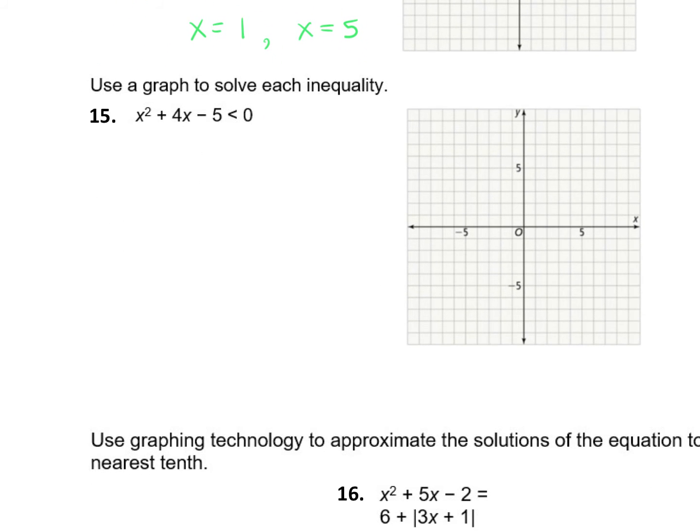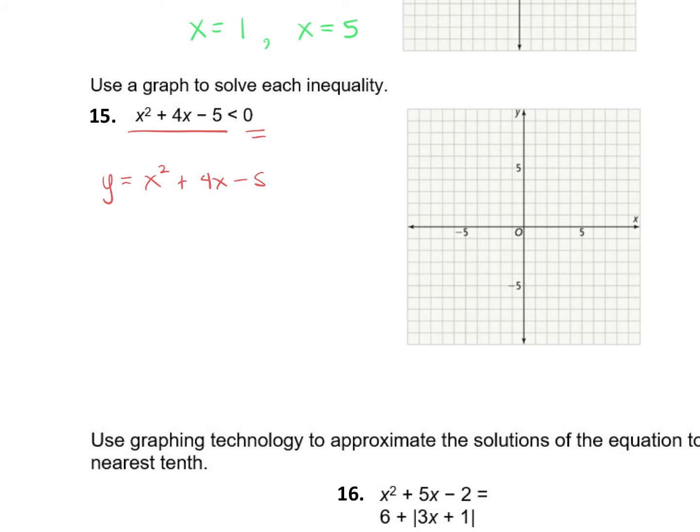All right, using a graph to solve each inequality. So last chapter, when we had x squared plus 4x minus 5, let me start over. We're going to graph two functions. We're going to graph the left side, y equals x squared plus 4x minus 5.